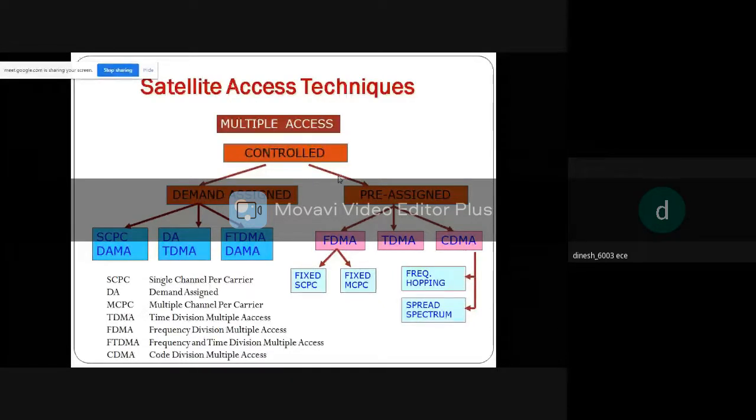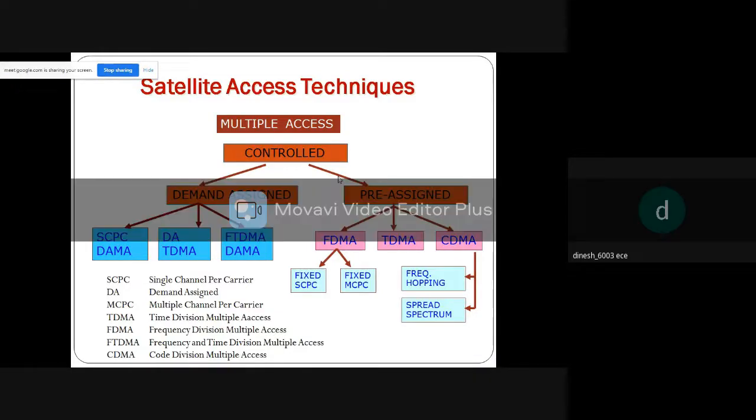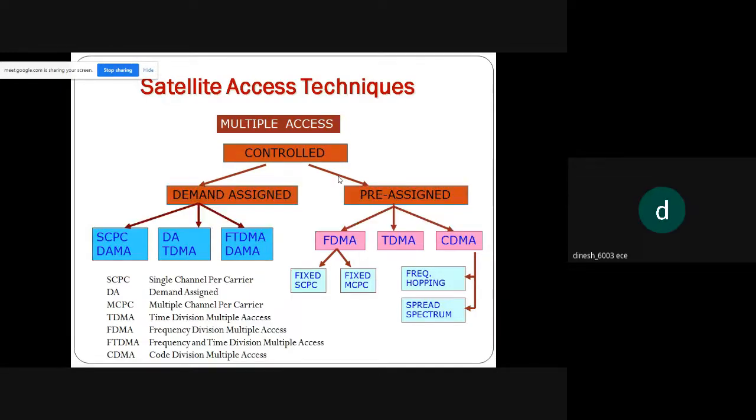In pre-assigned we have FDMA, TDMA, CDMA, where FDMA is further classified into single channel per carrier and multiple channels per carrier. For every carrier, we'll have a single channel as SCPC, and for the same carrier, we'll have multiple channels, which comes under FDMA.